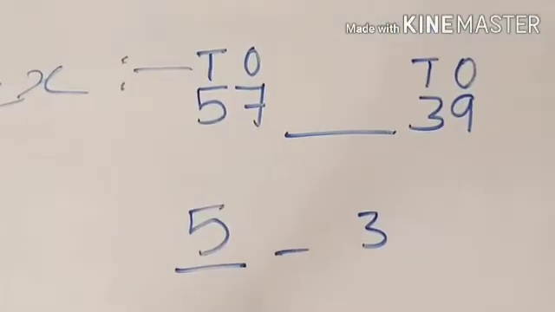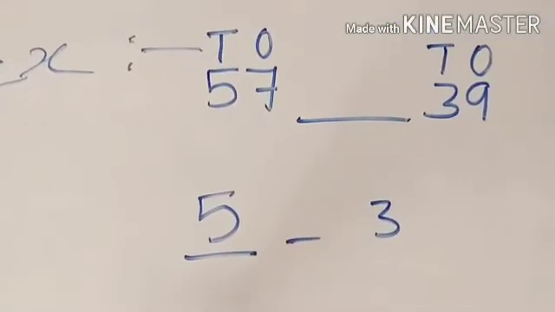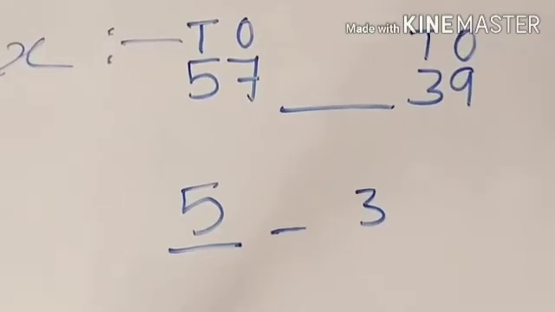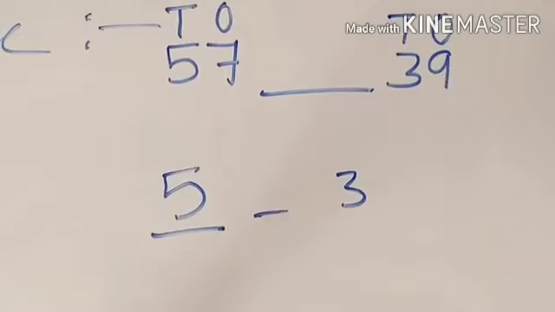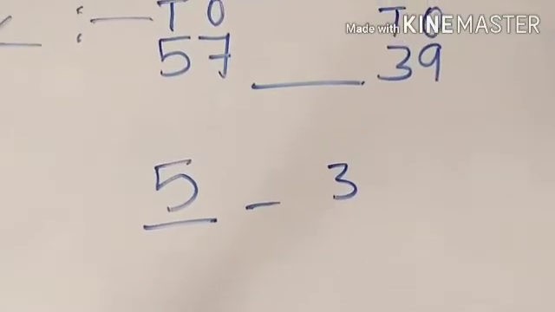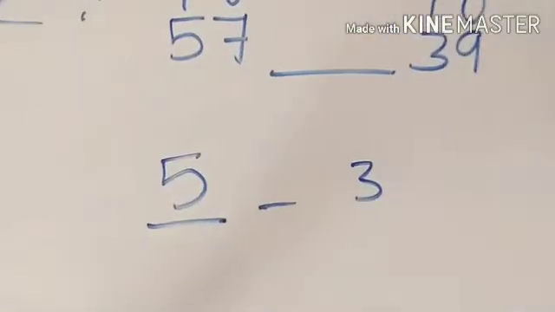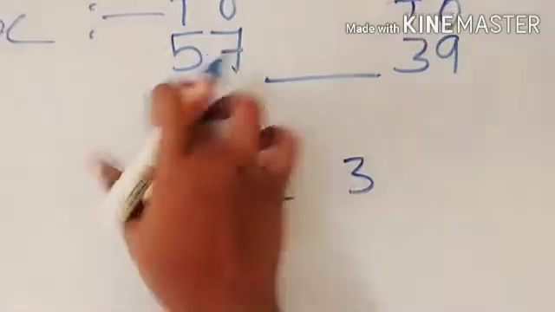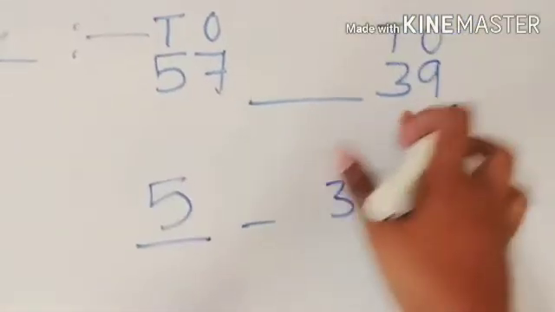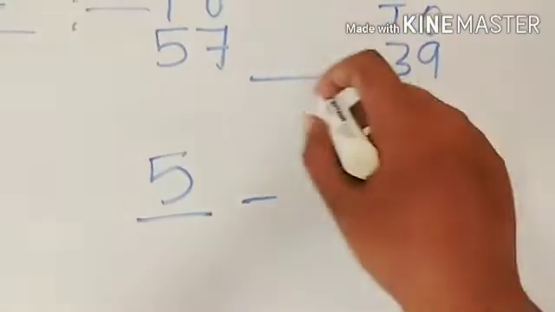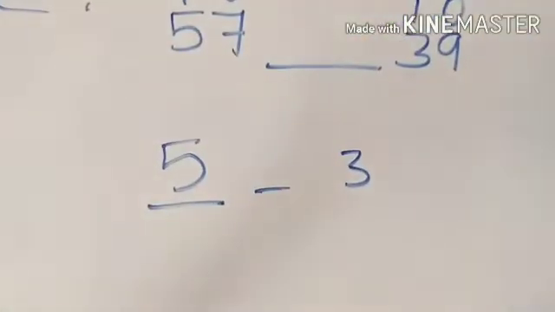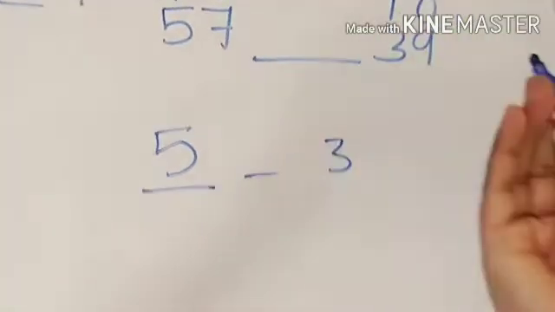Okay, in this way it will be very clear for you to understand which side the mouth of the crocodile is going to open. Now you can read the numbers: 57, 39. Now you can easily compare these two numbers, which one is bigger and which one is smaller.